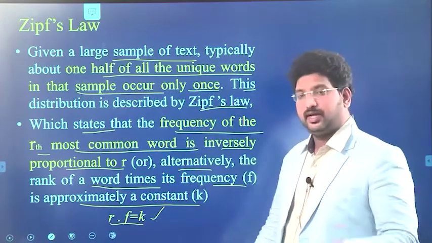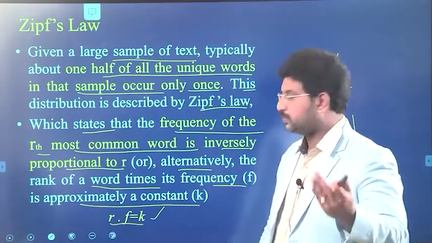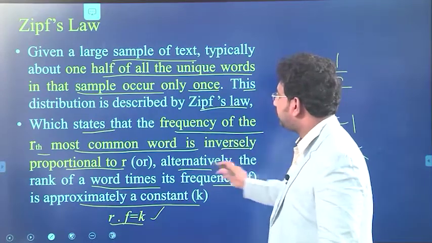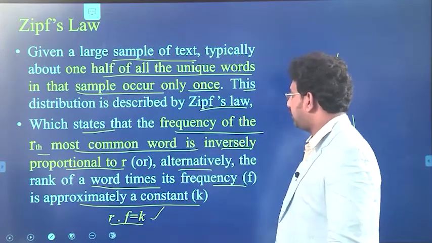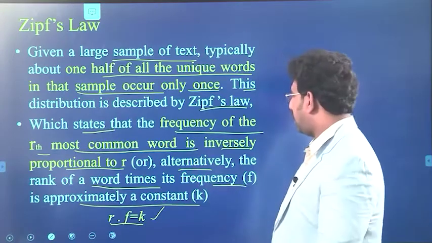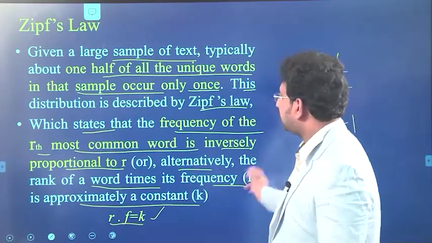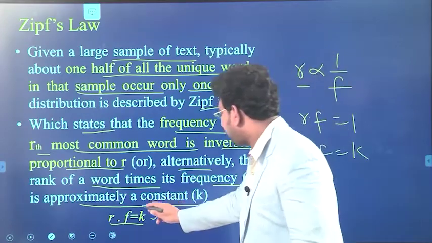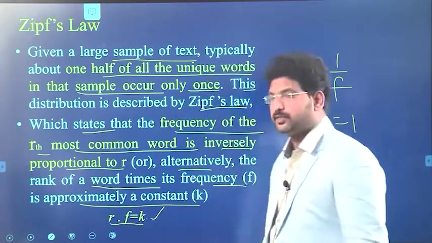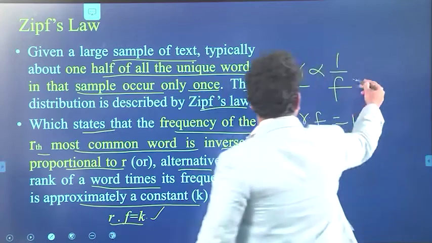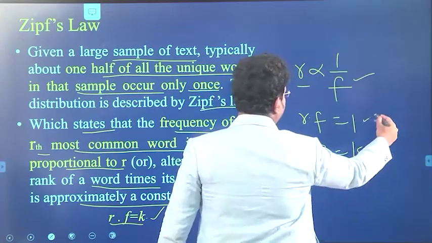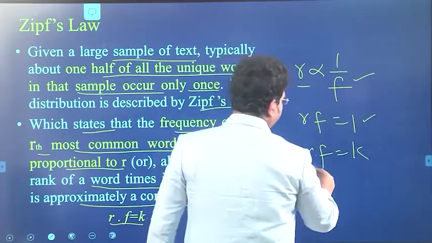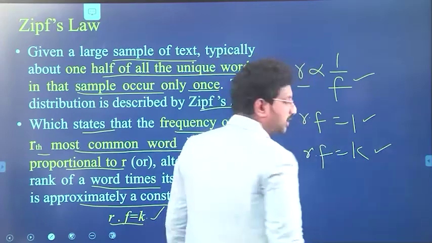Zipf's law describes that the frequency of the rth most common word is inversely proportional to r. Alternatively, the rank of the word times its frequency f is approximately a constant. So r is inversely proportional to f, and r times f equals k.